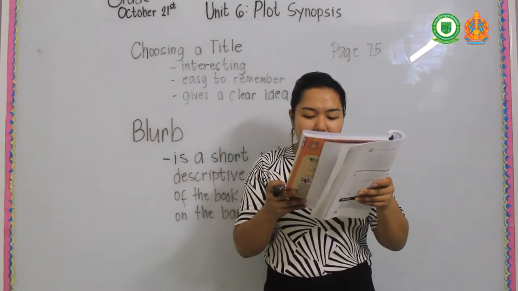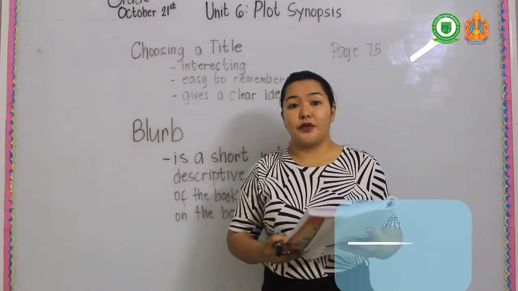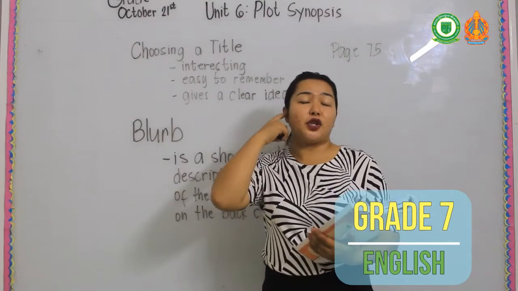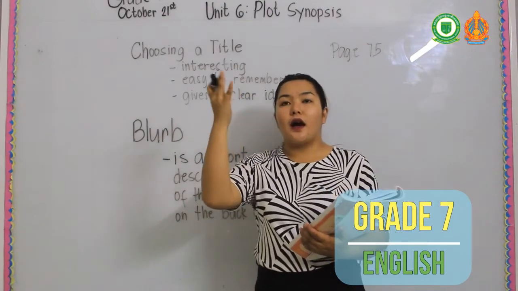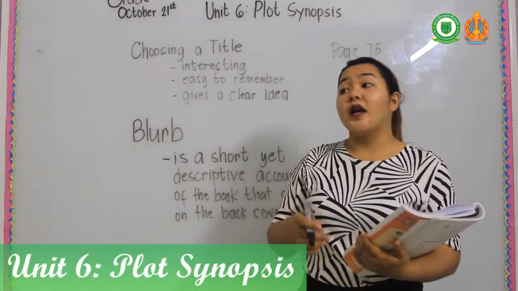Okay. Next, the title needs to indicate what kind of story it refers to. So your title, even if it's short, should be able to give an idea to your reader.